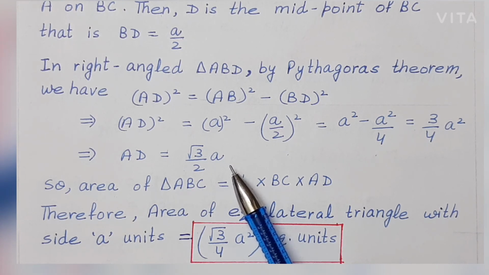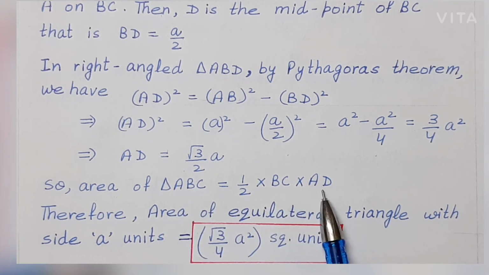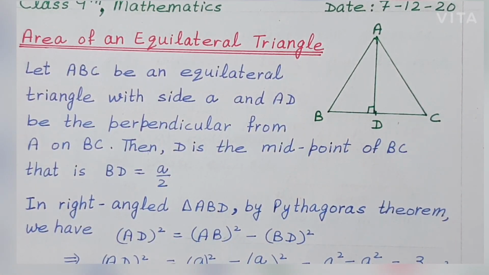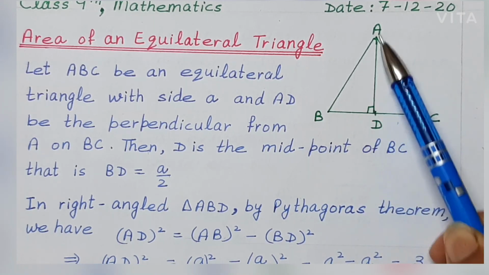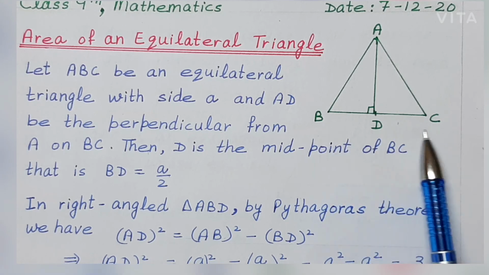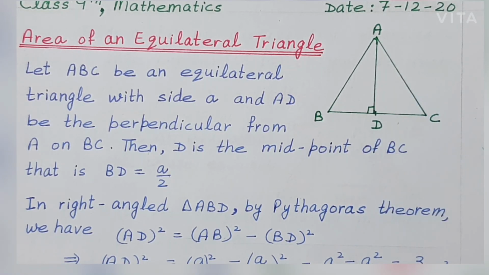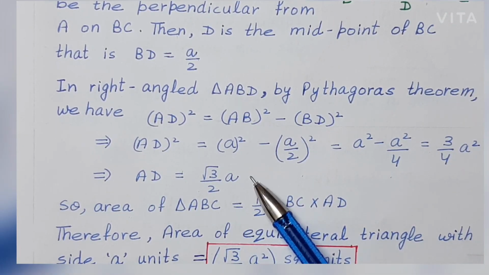Clear? Now we know that area of any triangle is equal to half into base into height. Now see here, in the same triangle, BC is the base and AD is height. So we have assumed BC as a and AD we have just now calculated as root 3 upon 2 a.